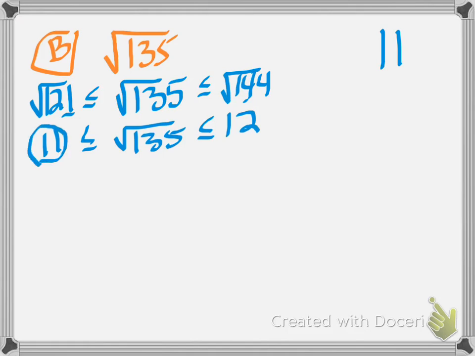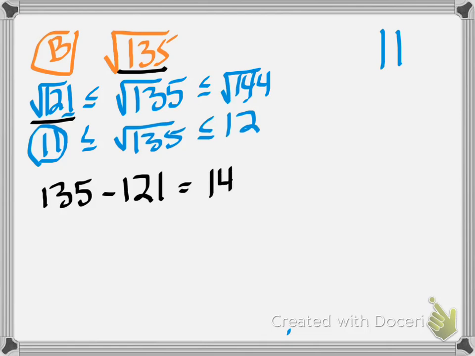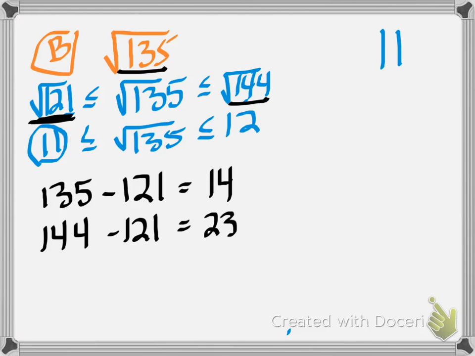Step 2 is to find the decimal part. Again, we start with our question, 135, and subtract the lower bound, 121. 135 minus 121 is 14. Now we take the upper end, 144, and subtract the lower, 121. 144 minus 121 is 23.